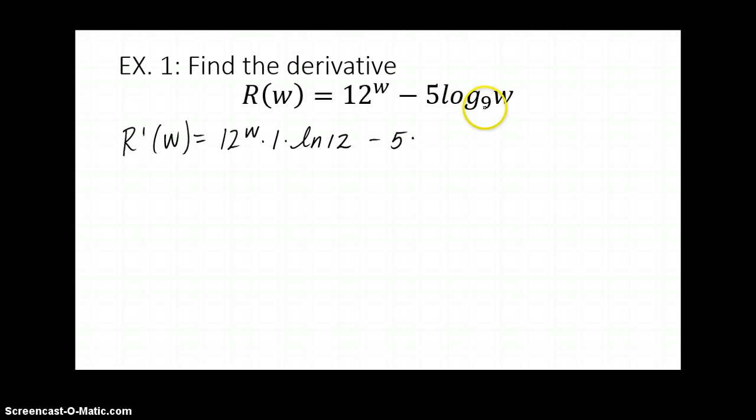The derivative of log base 9 of w would be w prime, so the derivative of w would just be 1 over the expression w times the natural log of the base. Now as far as writing this, maybe we'll keep it as ln of 12 being multiplied by 12 to the w, just so you guys don't confuse the two 12s.